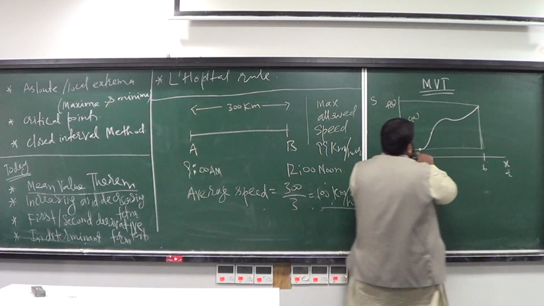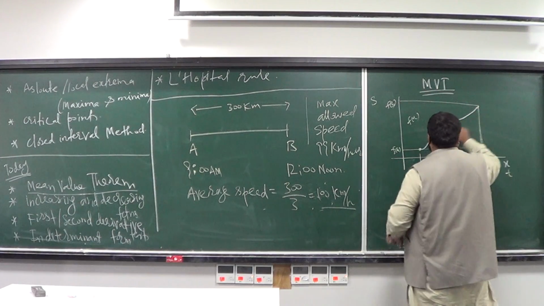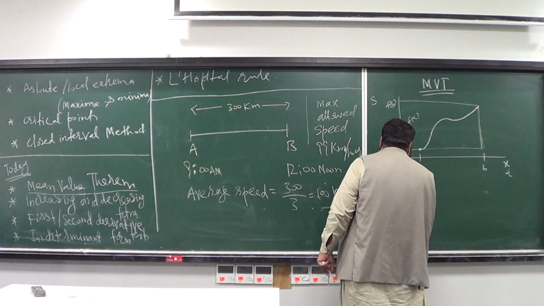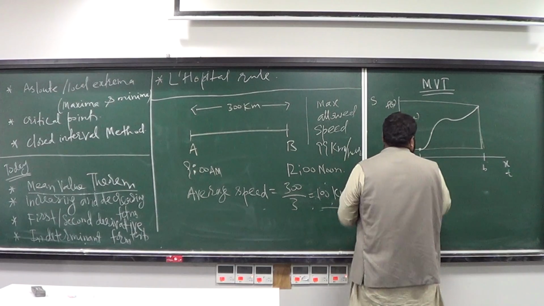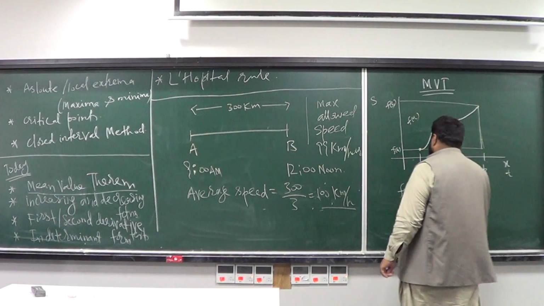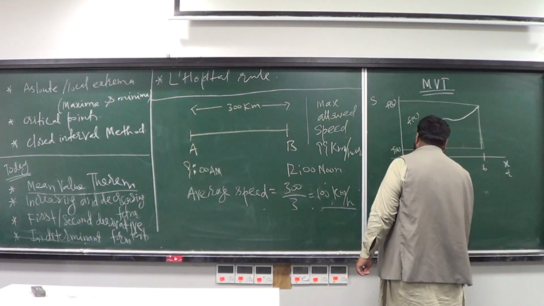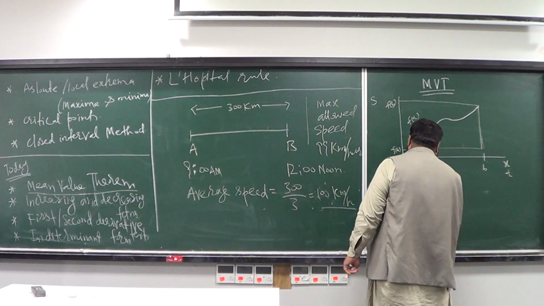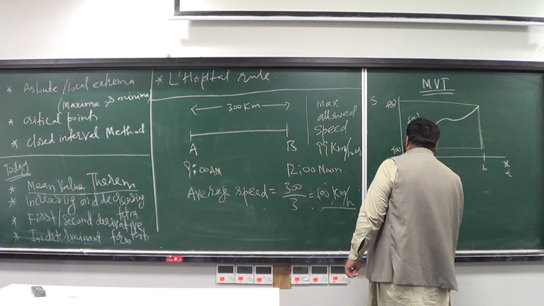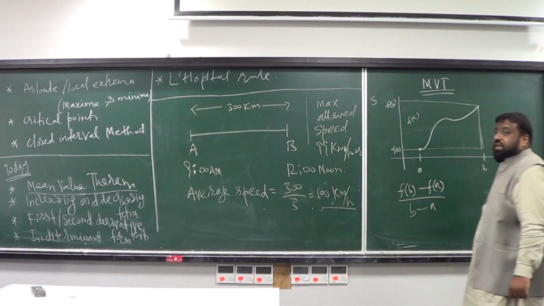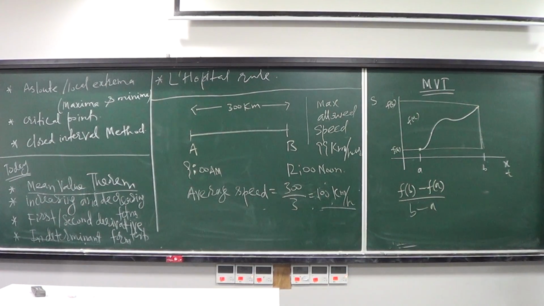The average value of the function in this interval is f of b minus f of a, divided by b minus a. This is the average value of the function in this interval.